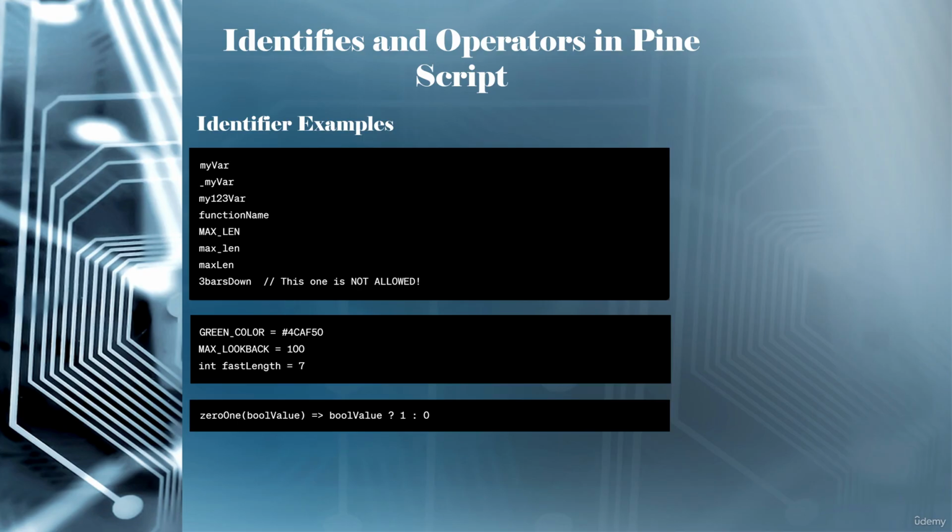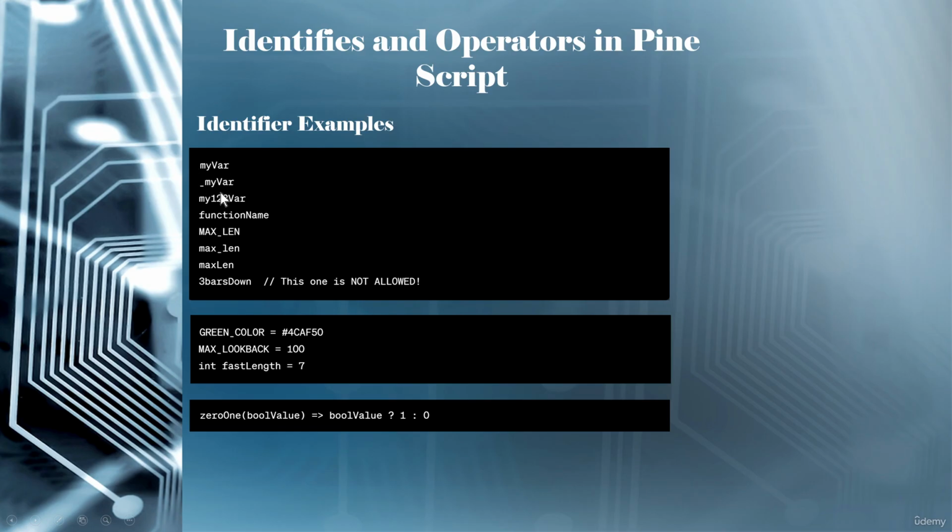Second rule, after the first character, you can use letters, underscores, or numbers. Third rule, identifiers care about capitalization. They know the difference between big and small letters. So let's review identifier examples.